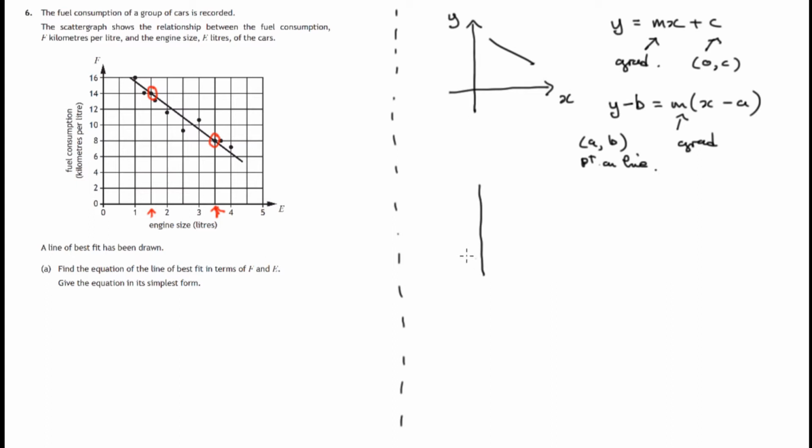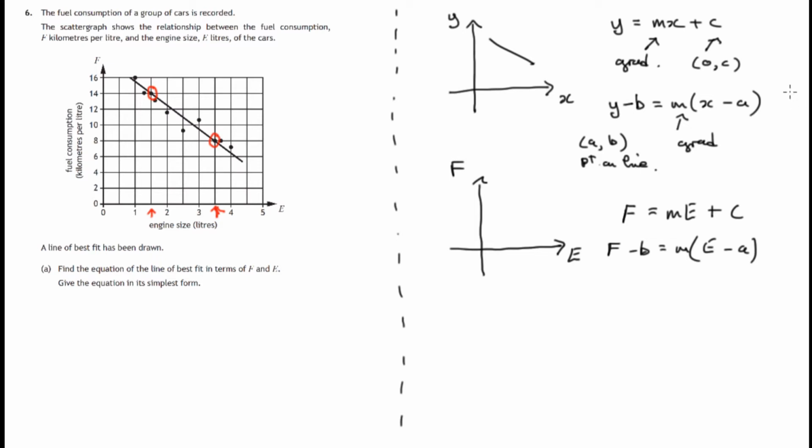In this case, however, we have to watch out that we don't have an x and y axis, we've got an e and an f axis. So these two equations will change. This first one will become f equals me plus c, and the second one will become f minus b equals m(e minus a). So y has been replaced by f and x has been replaced by e.